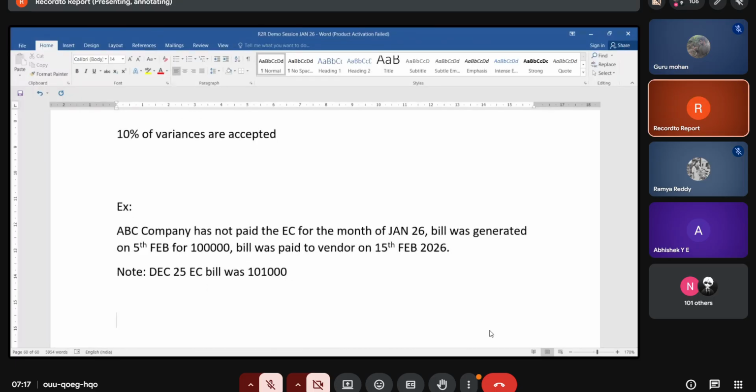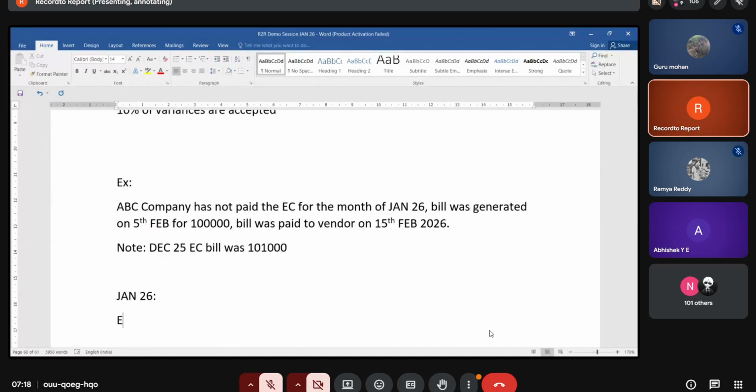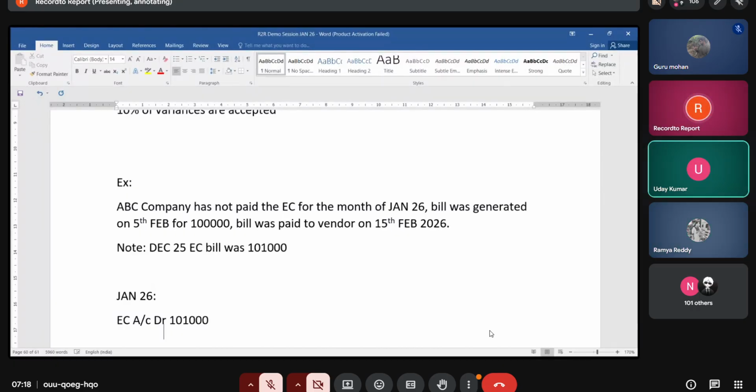See, for the month of January, what entry do I need to book, guys? Electricity charges account debit. How much amount do I need to book here? What is the last month's bill amount? 1,01,000.